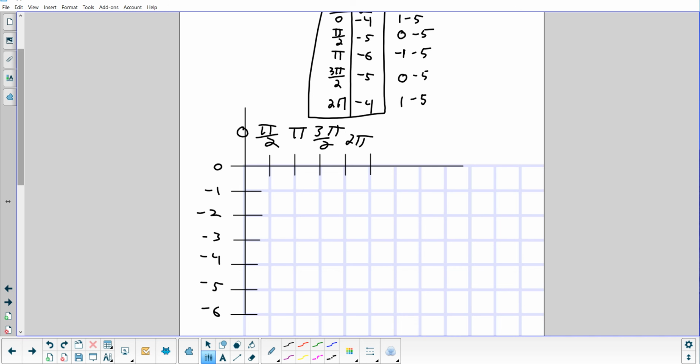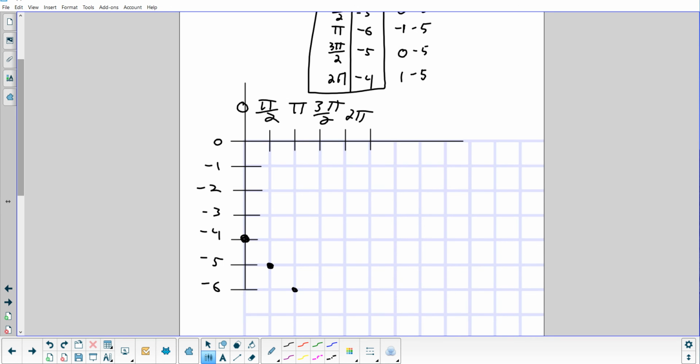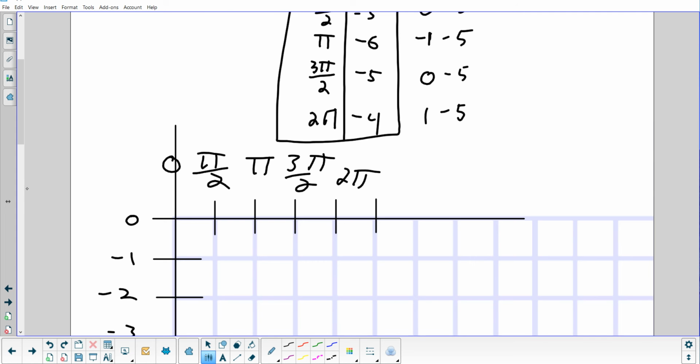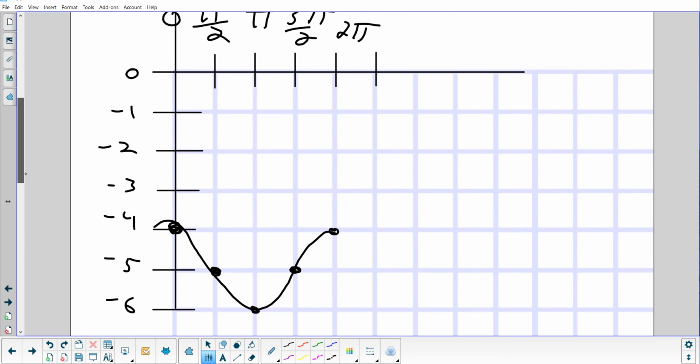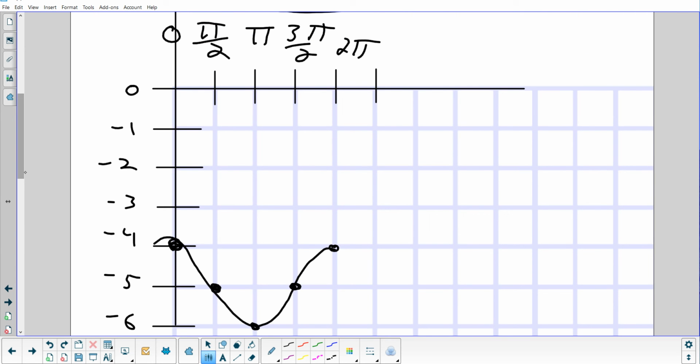And plot your points. So 0, negative 4. Pi over 2, negative 5. Pi, we're at negative 6. Negative 5, negative 4. And there's your sketch. Just like that.